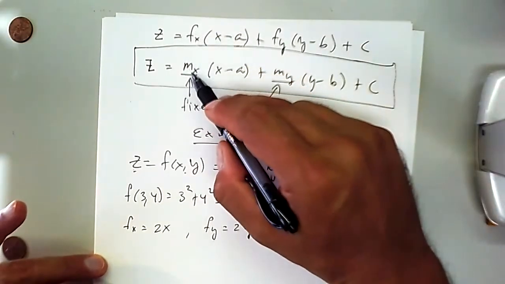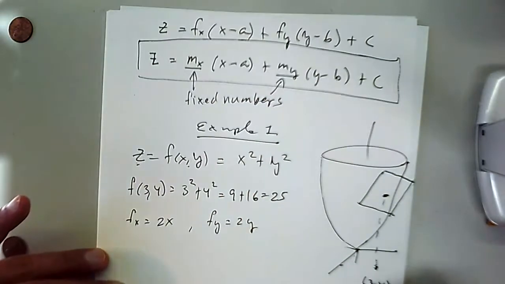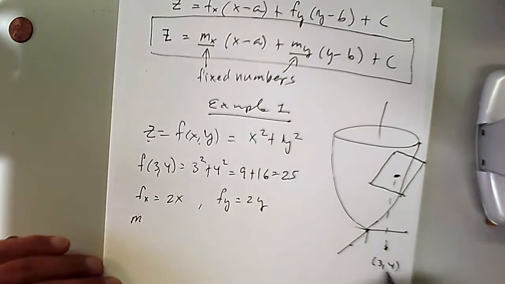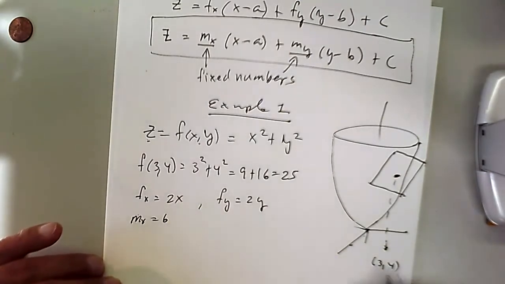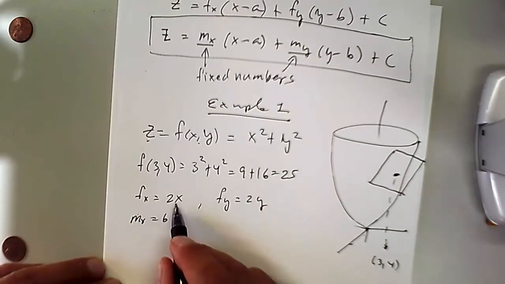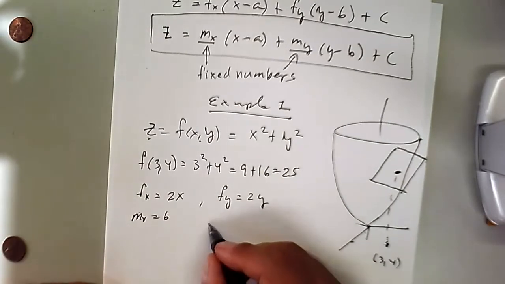This is the slope we're actually going to use at that point. So I'm going to plug in 3, 4 here. So the slope at this point will be 6. Because we're plugging 3, 4. This expression does not use 4. It only uses the 3. Still, we're plugging in 3, 4.